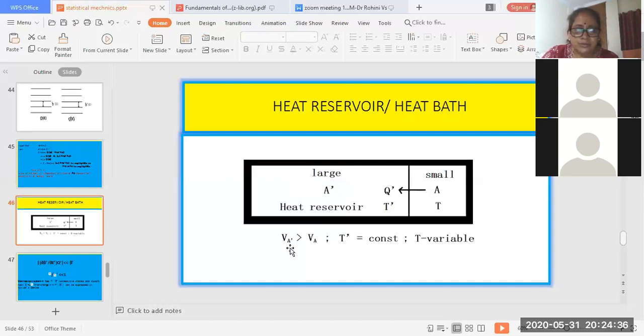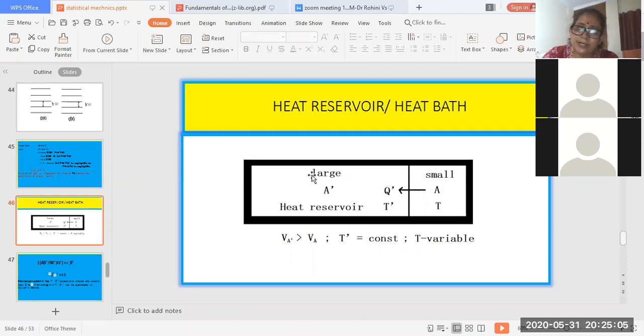Fine. So you see here the volume VA dash I have shown, and this is VA, it is large compared to this. So this is the definition of heat reservoir. Earlier you have studied the Carnot cycle. There you used to keep the cylinder over the source, but here this is your working medium and this is the source for you.